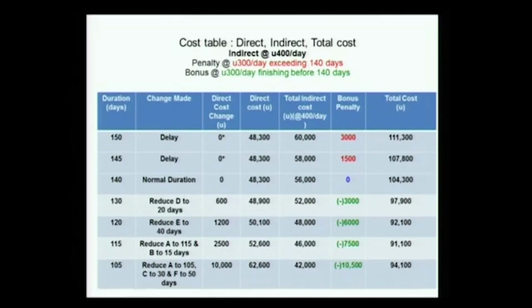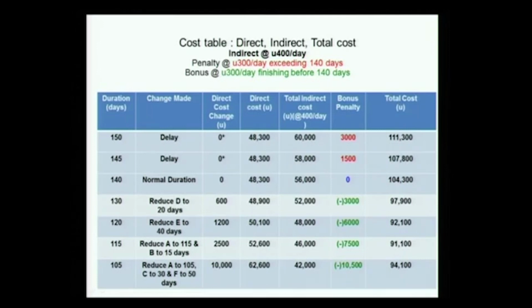This is how the bonus structure comes in. At 140, my normal duration, it is 0. The minute I exceed it, I go higher. As my project duration starts decreasing, my bonus starts increasing. But my direct cost is also increasing.